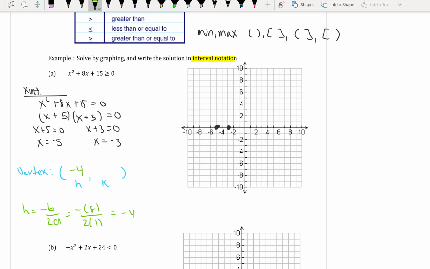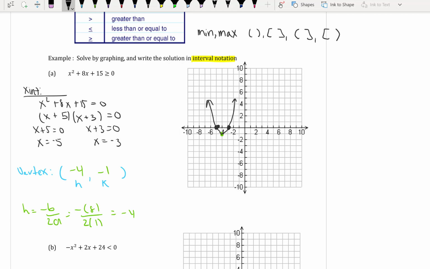If I plug that into my original equation, I have negative 4 squared plus 8 times negative 4 plus 15, that gives me a negative 1. So I know that my vertex is negative 4, negative 1, which is right here. So now I know more or less that my graph looks like this.